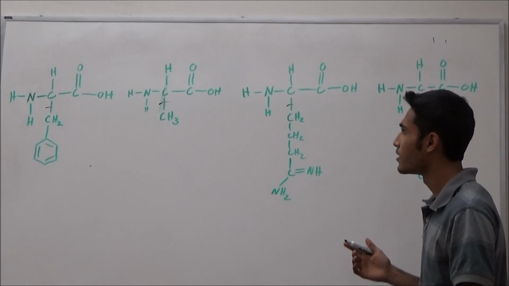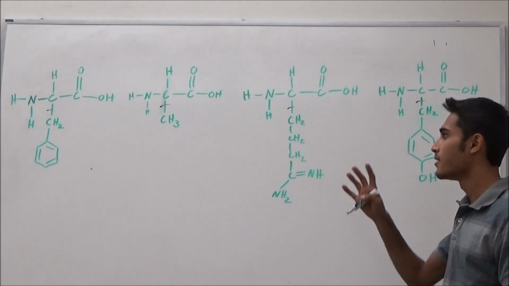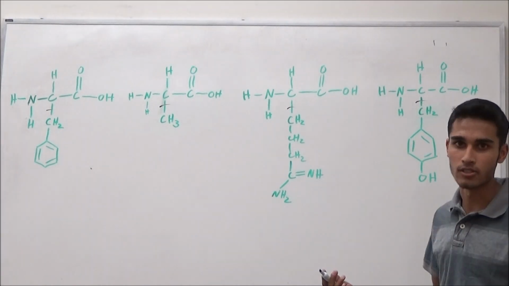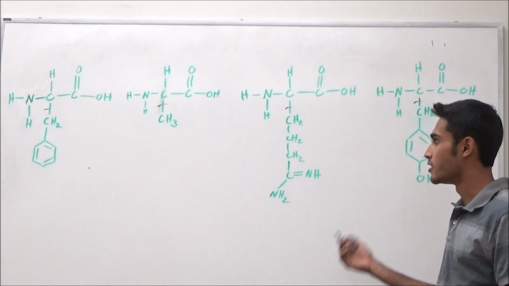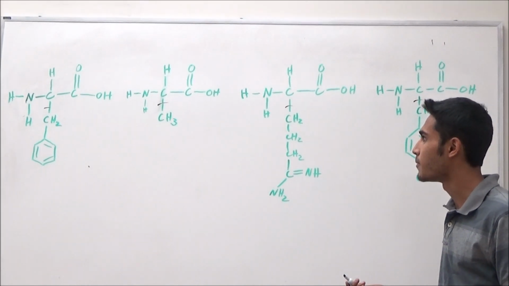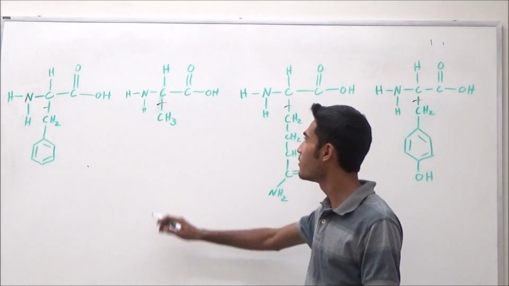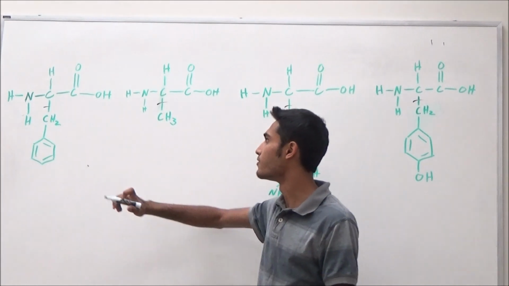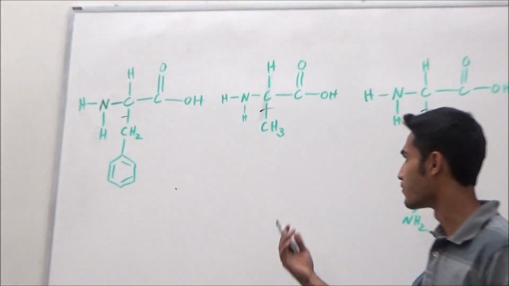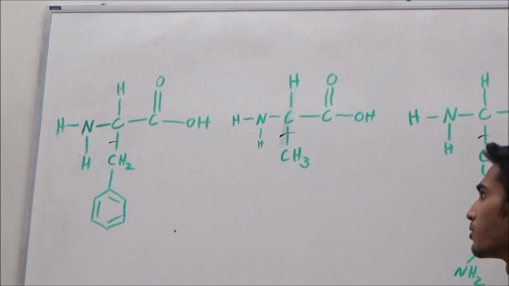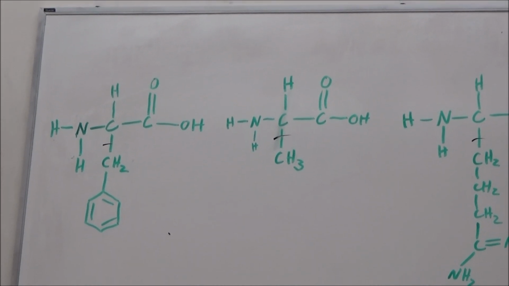Now, the way you tell non-polar R groups from each other is that they all have carbons and hydrogens. Because of that, the electrons are shared evenly between them, and therefore there's no polarity in the R group. Both of these have carbons and hydrogens in their R group, and therefore are non-polar.